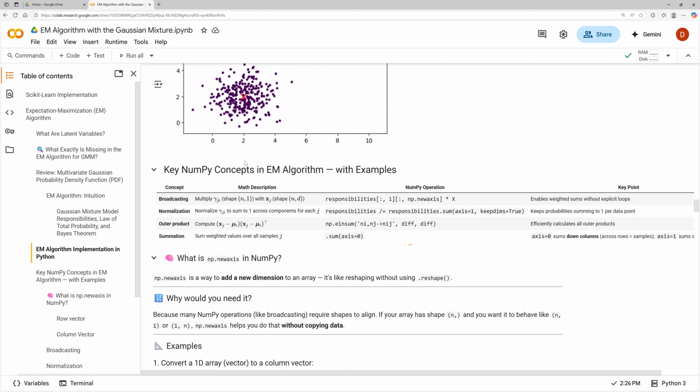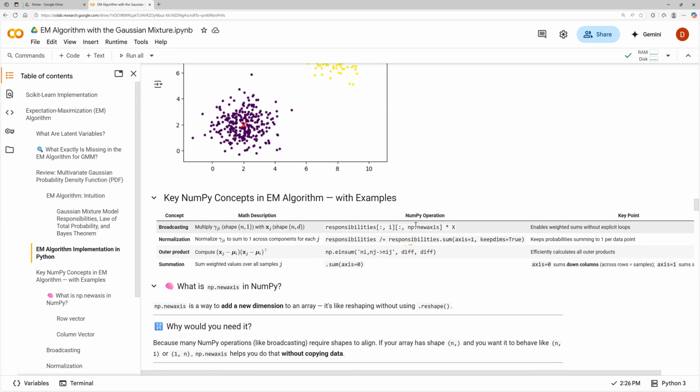So here are the key NumPy concepts in the EM algorithm that we just saw. We saw broadcasting, where we reshape the responsibilities and then multiply by X, which enables weighted sums without explicit loops. We normalize so that we keep probability summing to one per data point.